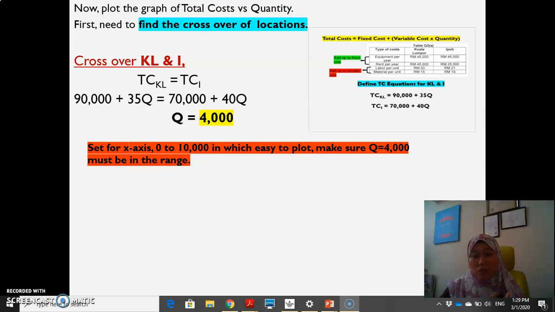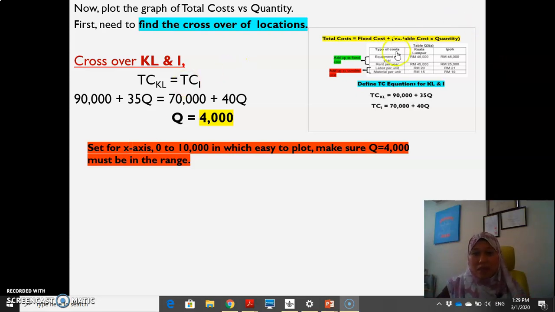Q of 4,000 is very important because it helps determine the x-axis, how big your graph is going to be. For this, I decided to go up to 10,000 because it's easy for me to calculate the y-axis later on.